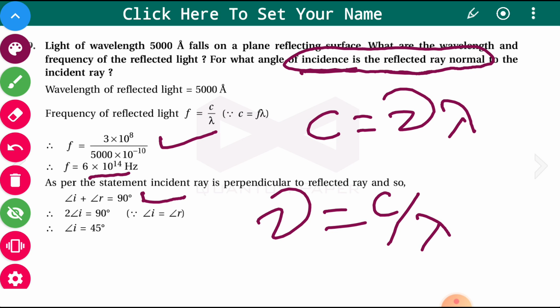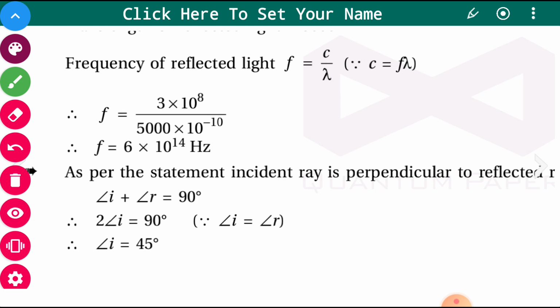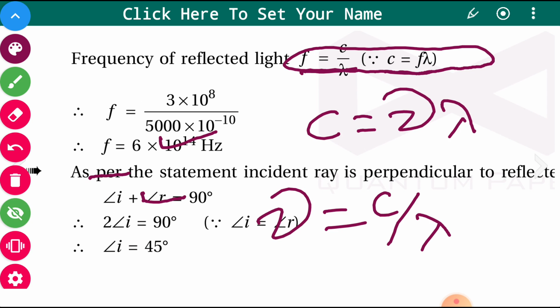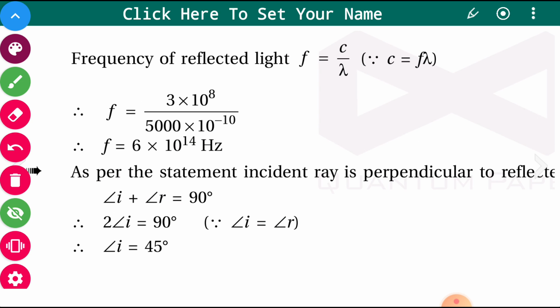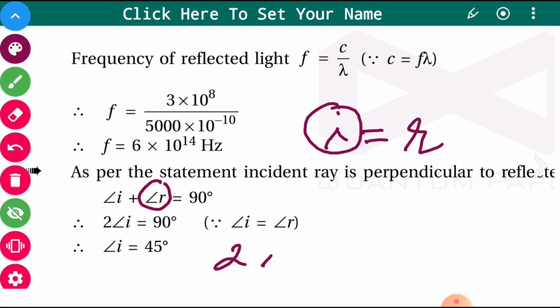Incident angle plus reflection angle is 90 degree. Now as you know from the laws of reflection, angle of incidence is equal to angle of reflection. So instead of R we can write I. So it becomes 2 times I is equal to 90. So the incident angle will be equal to 45.